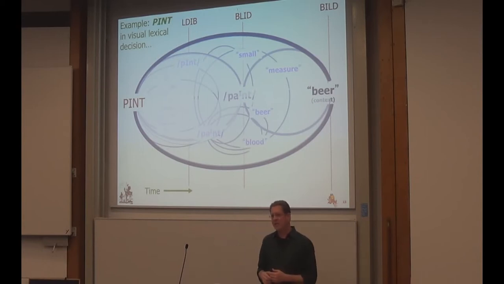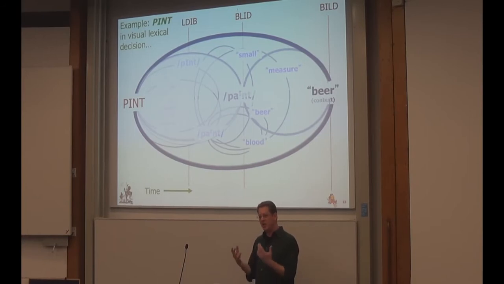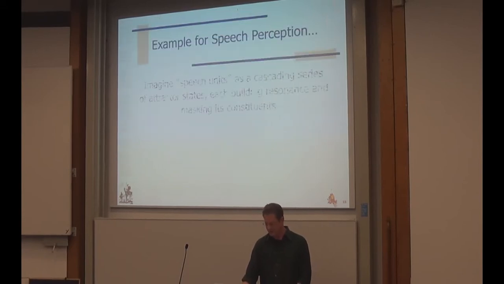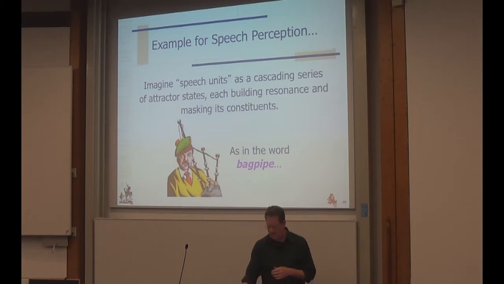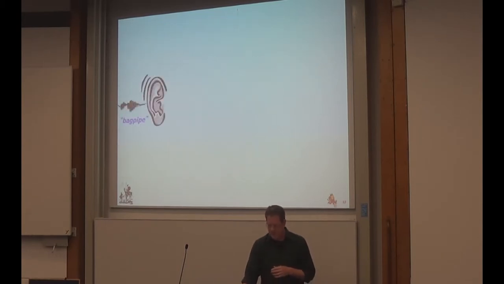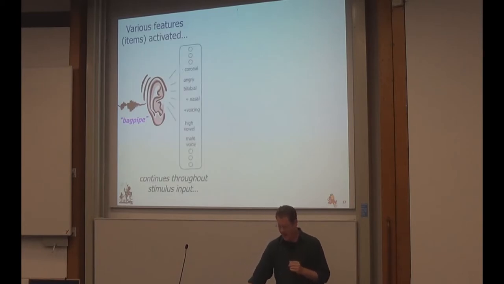And so this theory sort of works as a theory of what might happen in spoken word recognition just as well. I did a similar demonstration with the word bagpipe, where you hear bagpipe and lots of stuff gets activated, whether it's phonetic features or what have you.